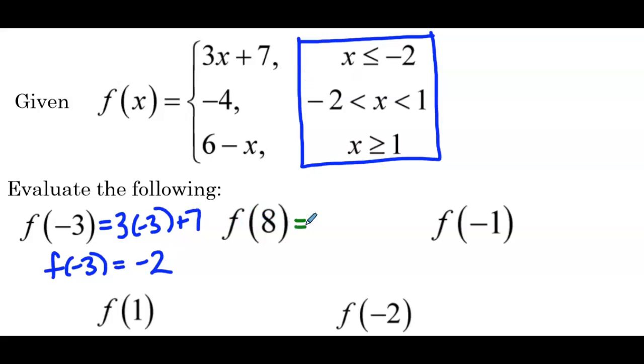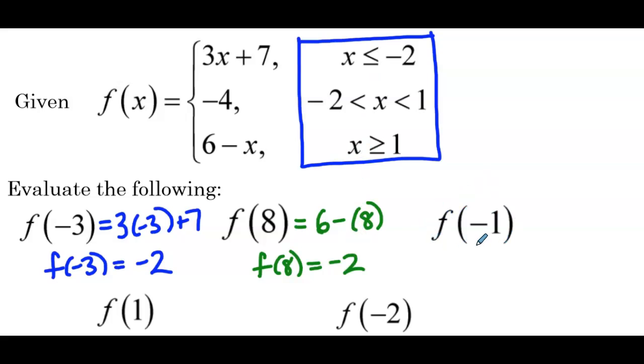F of 8. So if our input is x equals 8, looking at our domain restrictions, 8 is greater than or equal to 1. So that means we're going to plug into this piece of the function. So we get 6 minus 8. So simplifying, f of 8 is equal to -2.